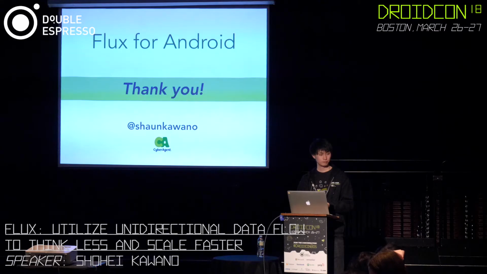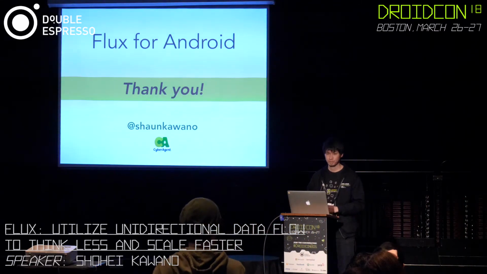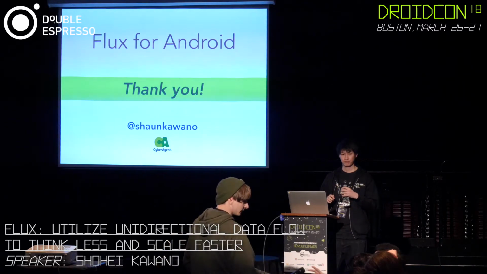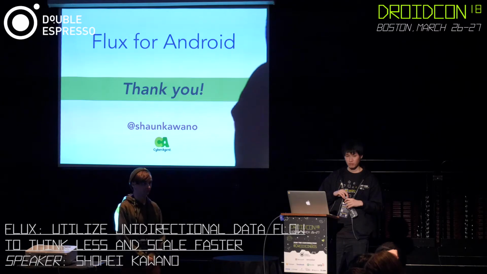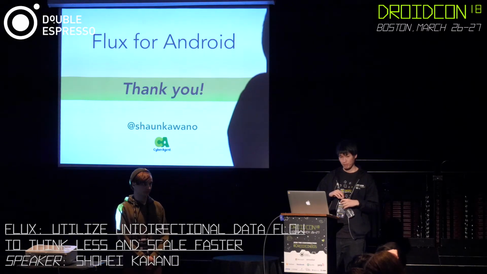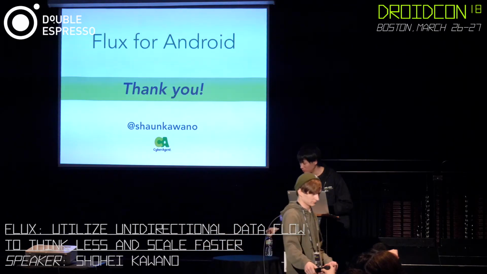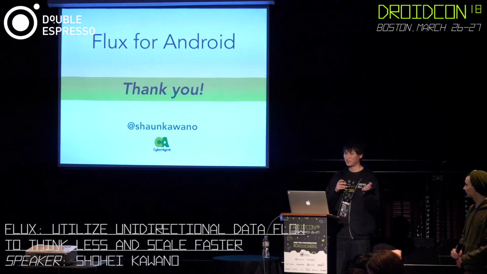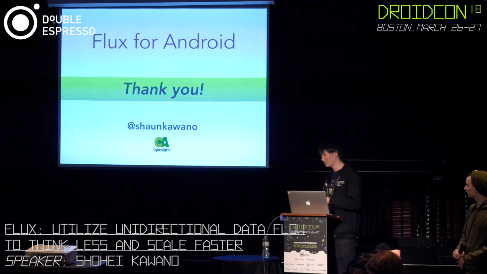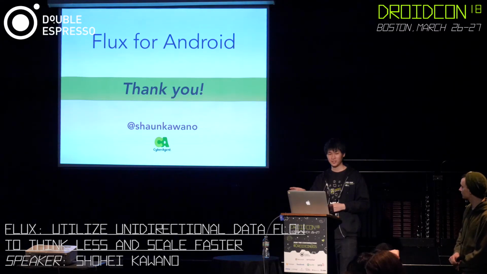Anyone else? I had the same question. I was wondering how you handle saved instance state inside your Flux architecture. Just like I mentioned, you can put the store in the saved instance state as well.